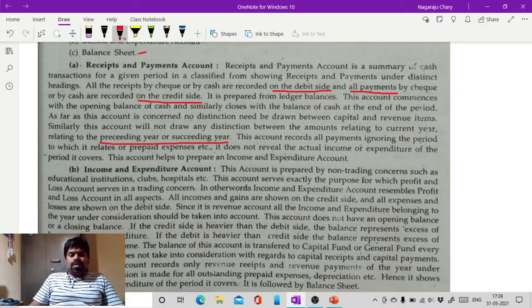At the end of the year, we balance the receipts and payments account. Then we may get a balance as a cash balance, a bank balance, or both of the balances may come, whenever we are preparing the receipts and payments account.